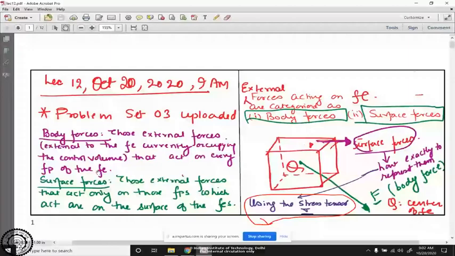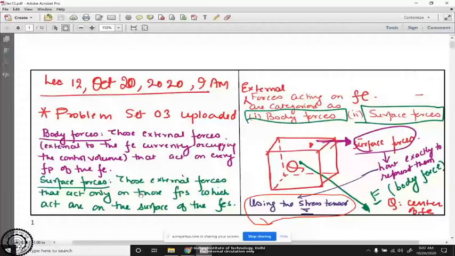It doesn't matter where that fluid particle right now is inside this fluid element. It could be on the surface of the fluid element, one of the 6 surfaces, or it may be well within or inside the fluid element. Body forces act on all of them. Good example is gravitational force. It doesn't matter where the fluid particle is, it will experience this external gravitational force.